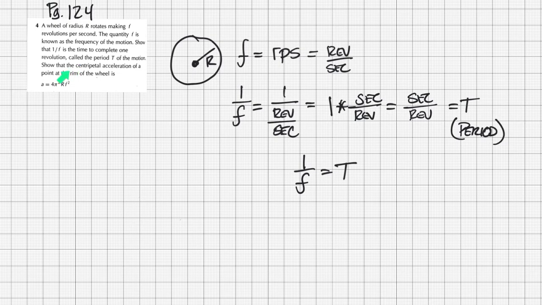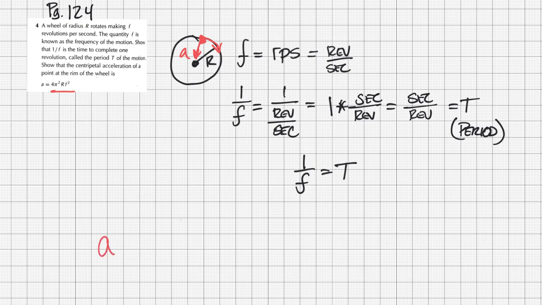Second part of the problem says, show that the centripetal acceleration of a point at the rim of the wheel is this value, right? So if we're taking some object here, and as it's rotating, what's the acceleration? We know the acceleration is towards the center, right? But let's prove that it's this 4π²rf².